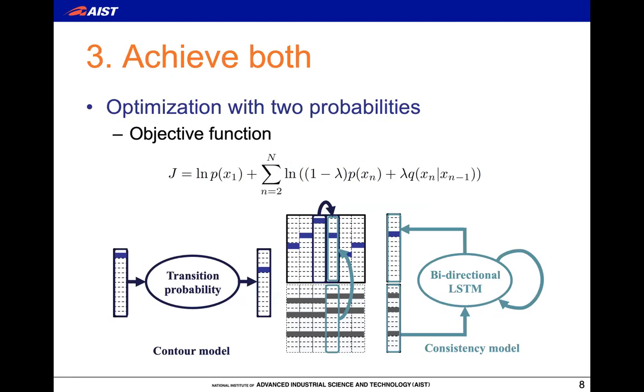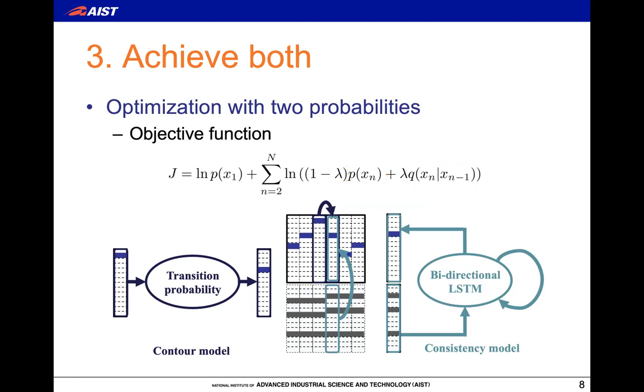Finally, to achieve both the melodic contour and the consistency, we formalize this issue as an optimization problem to maximize the following objective function. The objective function mainly consists of two terms, probability Q from the contour model and probability P from the consistency model.